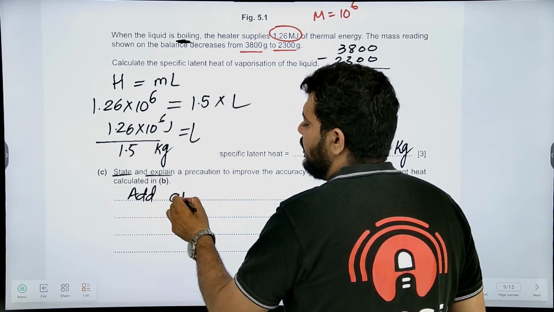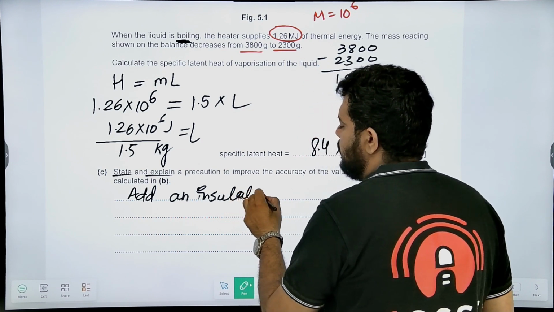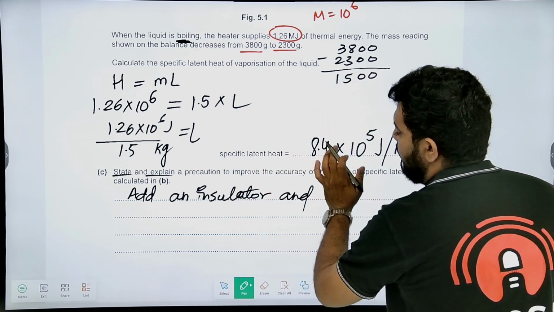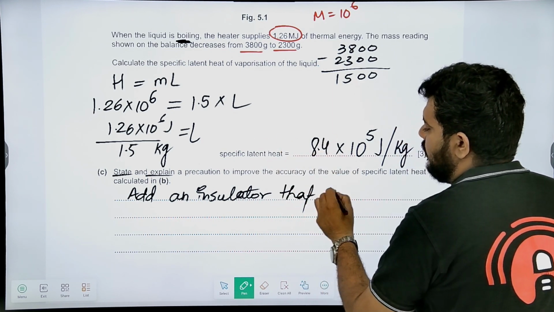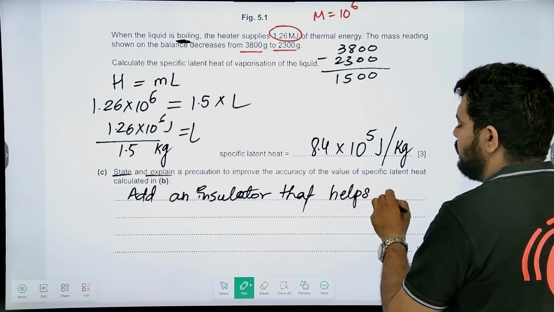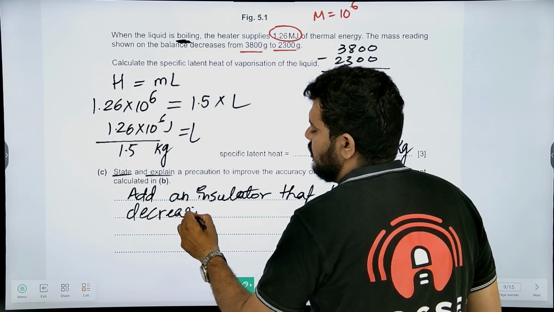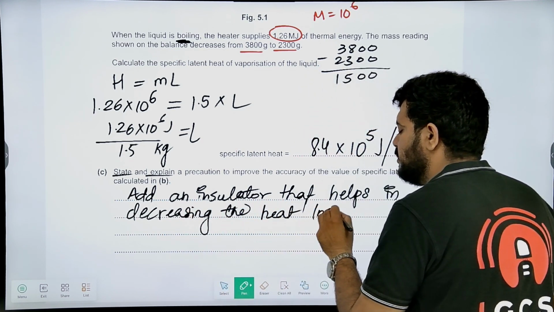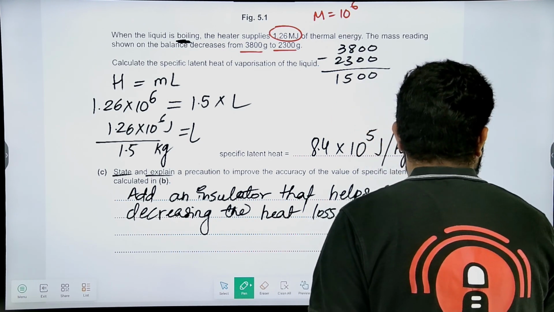So add an insulator that helps in decreasing the heat losses to increase the accuracy of the experiment.